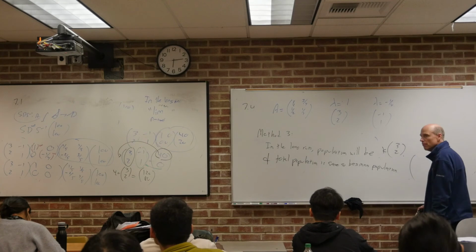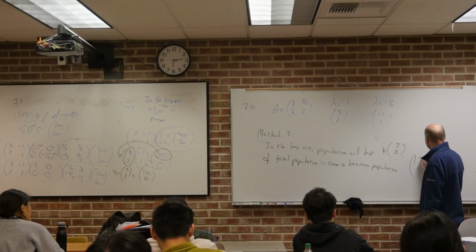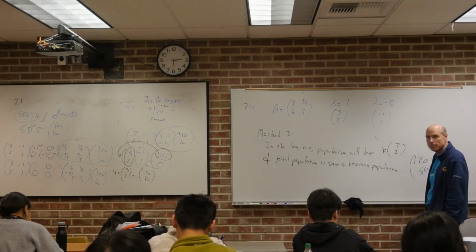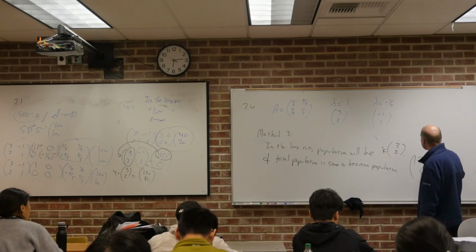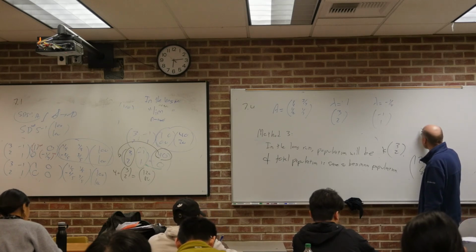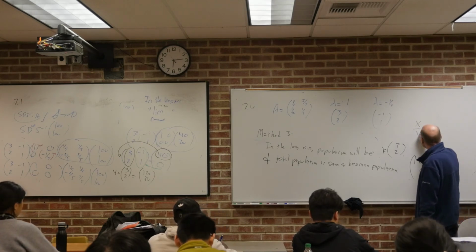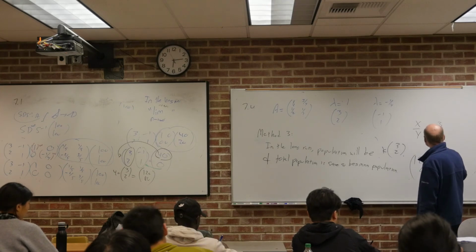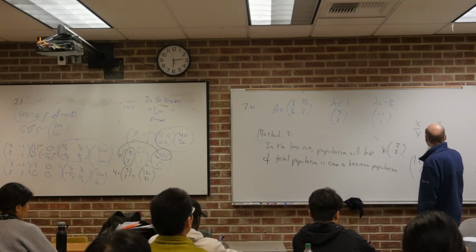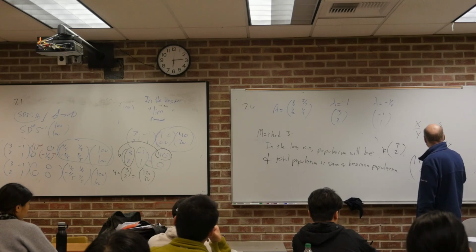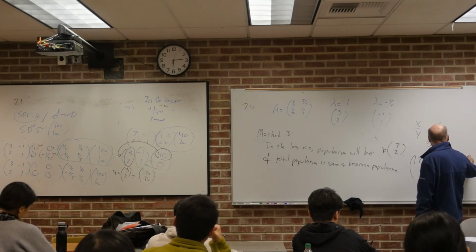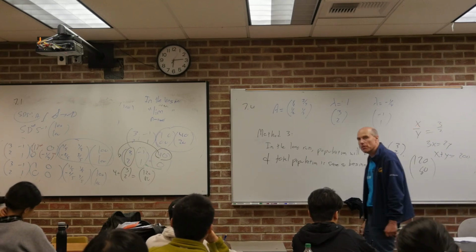What are the numbers? 120, 80. If you want to make a system of equations, x to y is 3 to 2, and for every 3 x's we have 2 y's. Plus, x plus y has to be 200.